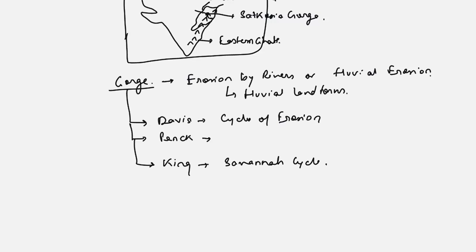So this is one part where we can include the theorists and models. This is also called the cycle of erosion.